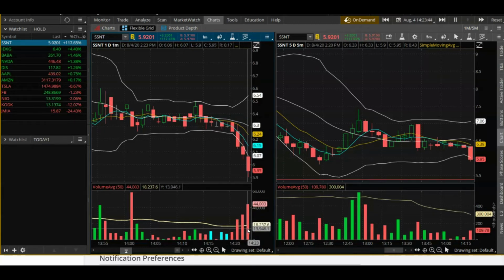We're looking out for a green candle confirmation. We want that green 1-minute candle to close green. We don't want it to start green and then close red.